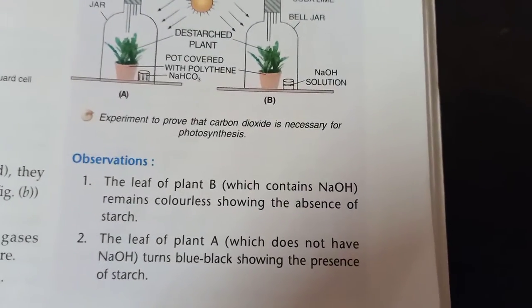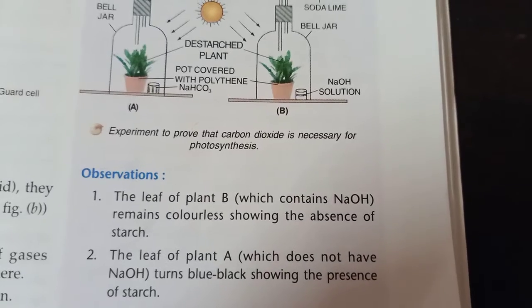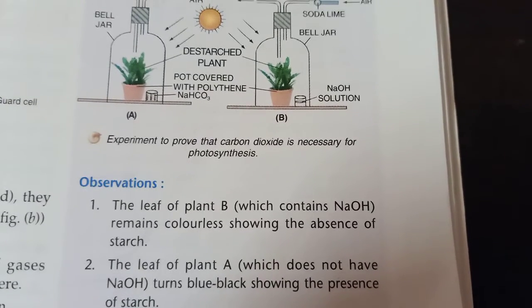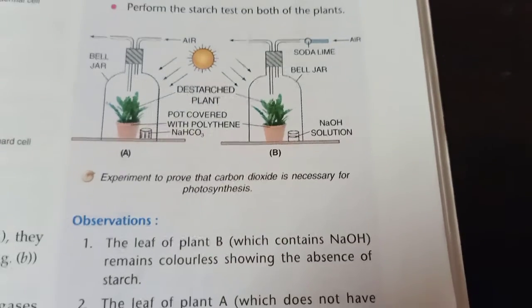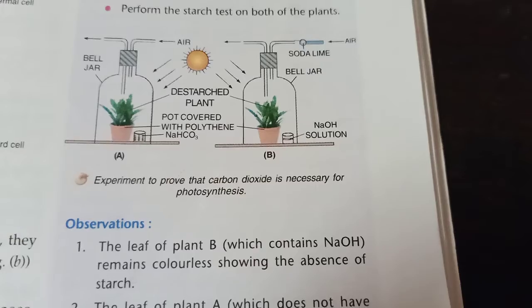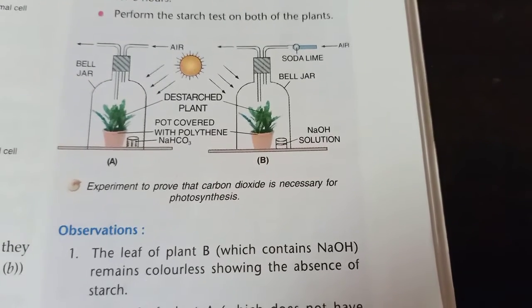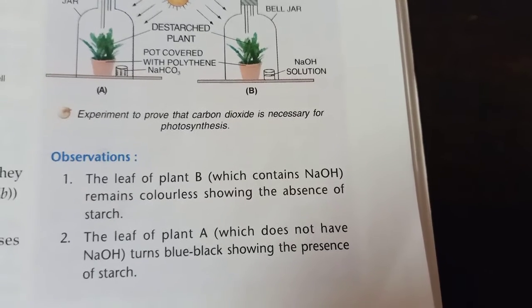Observations: the leaf of plant B, which contains the soda lime, remains colorless, showing the absence of starch. The leaves of setup B are colorless.